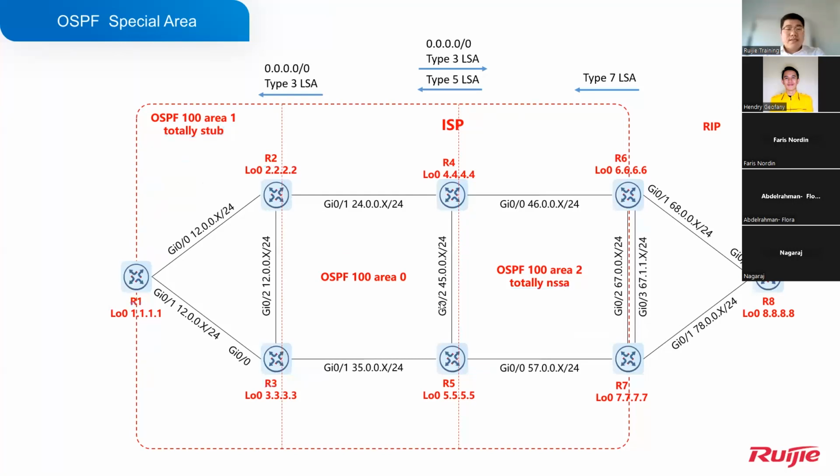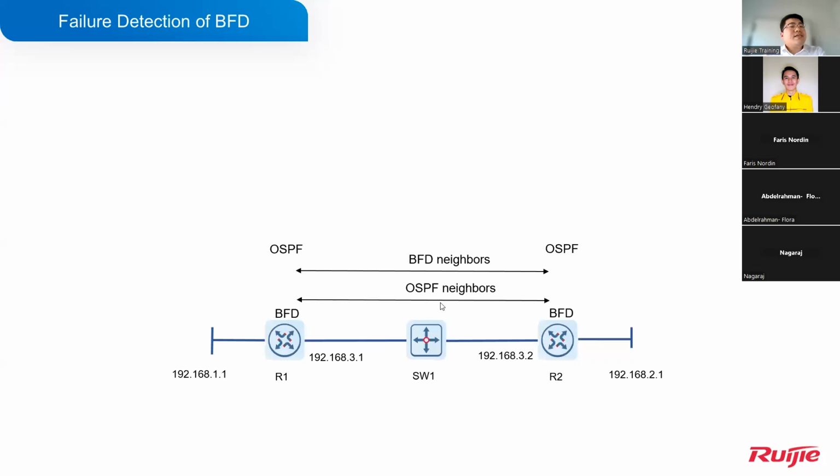Okay, and next is about BFD. Normally, after using BFD, you can see R1 and R2 establishing the OSPF neighbor, and at the same time we have enabled BFD.